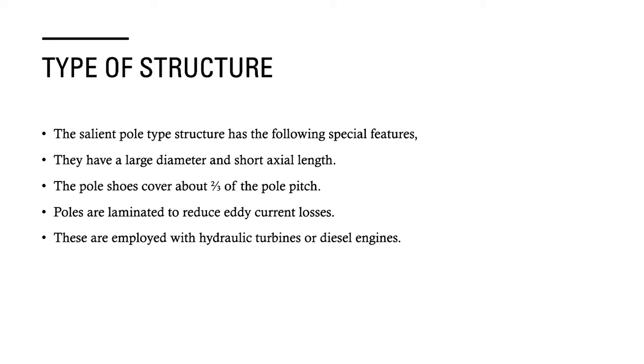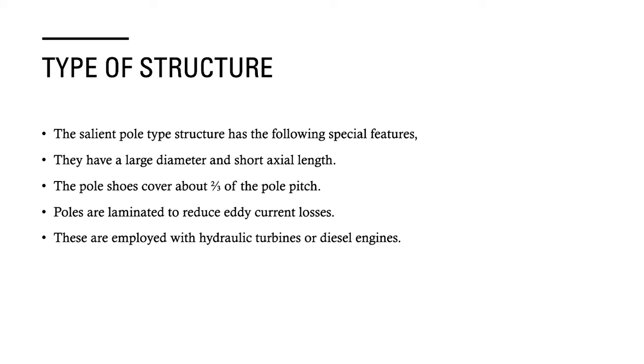Coming to the structure of the salient pole type. It has a larger diameter and short axial length. The diameter is larger in the sense that the radius of the machine is huge compared to its length.